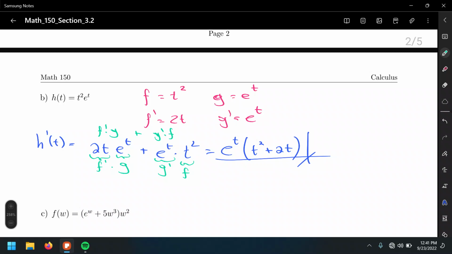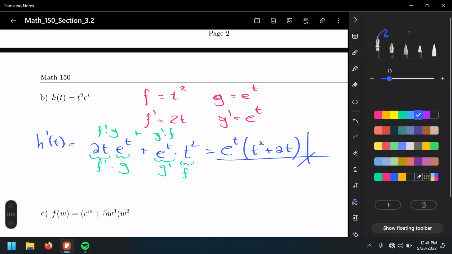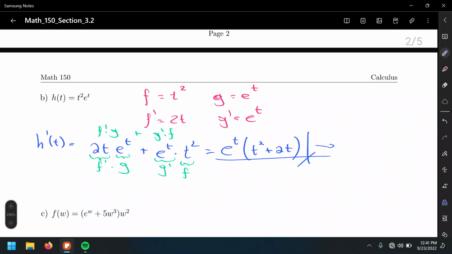Question? For the final answer, can we also factor t? We can also factor t, why not? And that's t e to the t times t plus 2. That's another alternative.